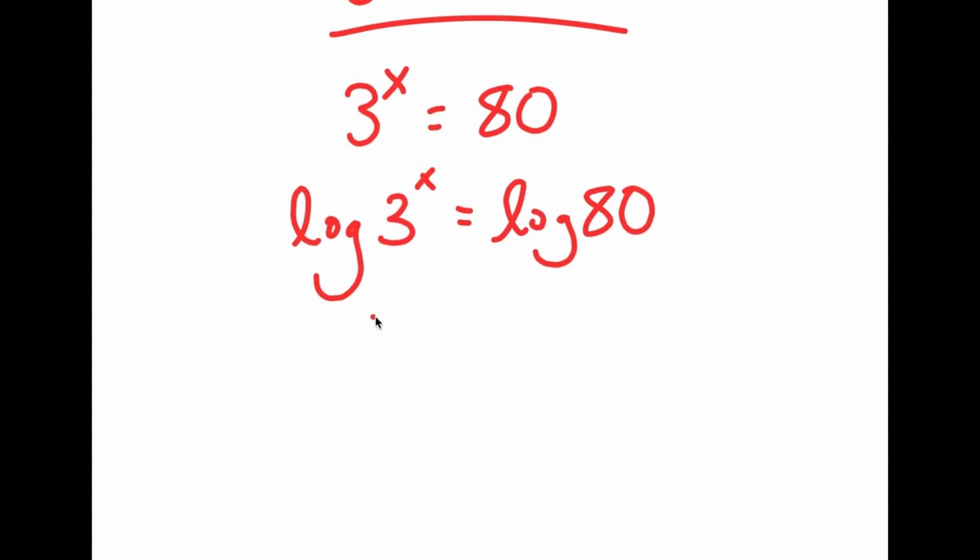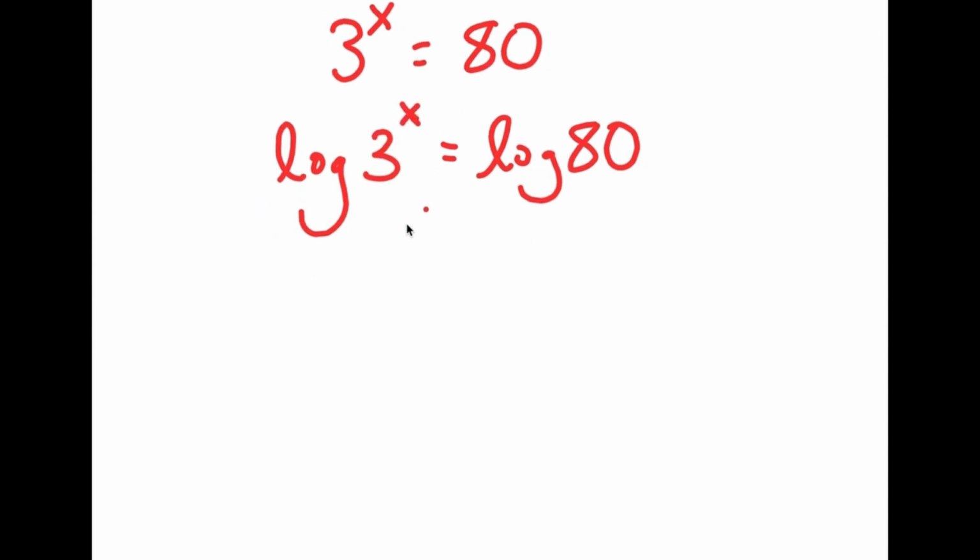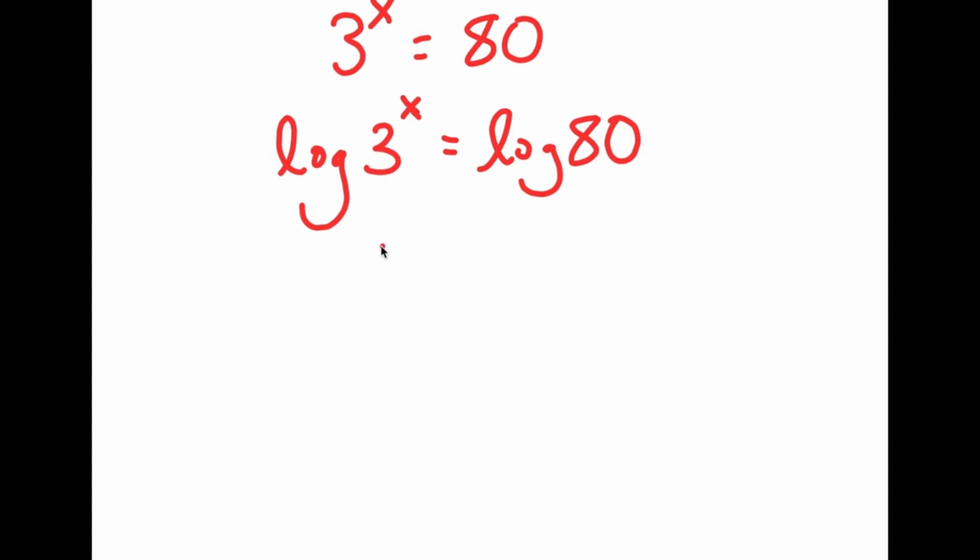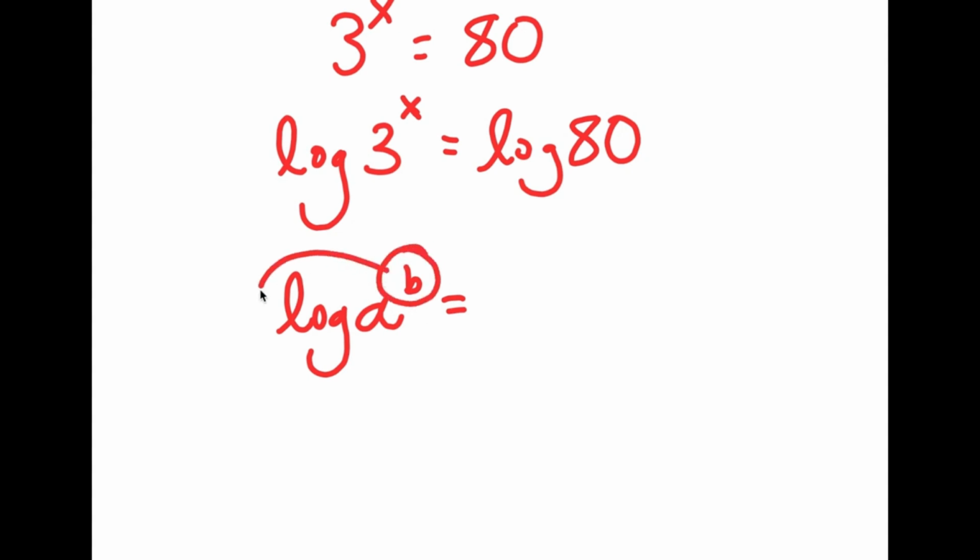Now, we want to find the value of x, right? And to get x, it's hard to do it when it's in exponent form. So we want to find a way to bring x down to make it a real term. And to do that, there is an important property of logarithms that states that if there's something in the form log a to the power of b, I can move this exponent b to the front.